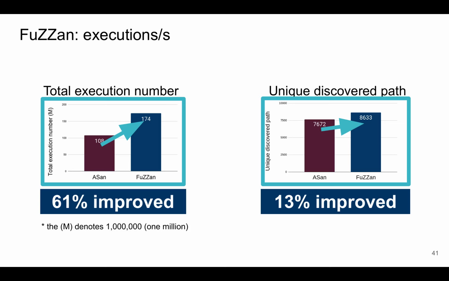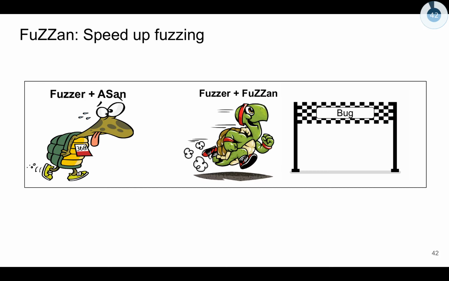We're getting much more executions per second, much better performance compared to not using this optimization. So we are just reclaiming cycles that would have otherwise been wasted. This allows us to vastly improve fuzzing as a process, and we discover new areas of code faster. So fuzzer plus Fazan is actually much faster than just fuzzer plus ASAN.